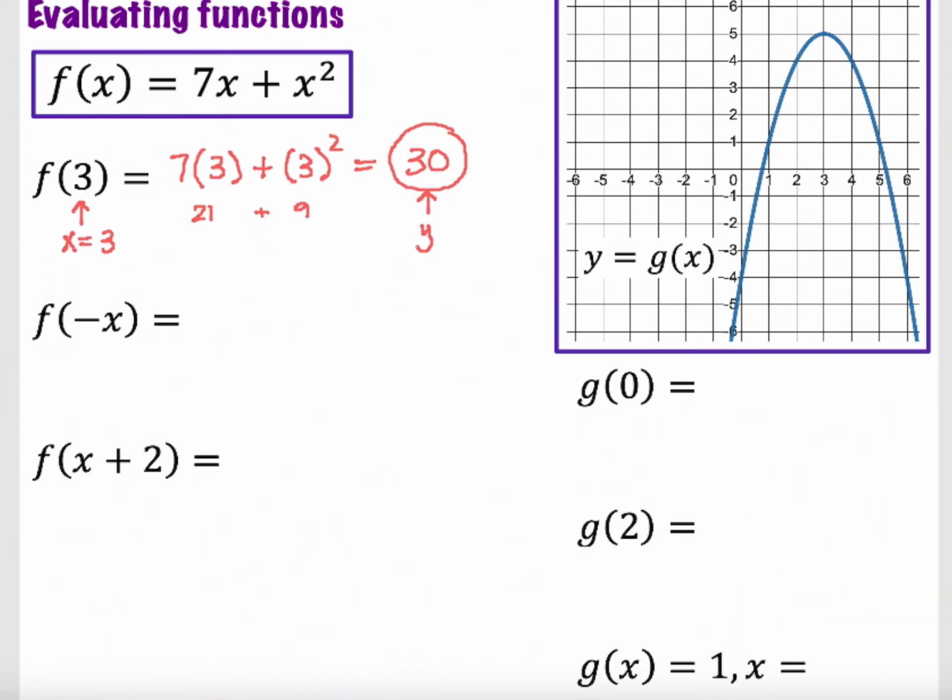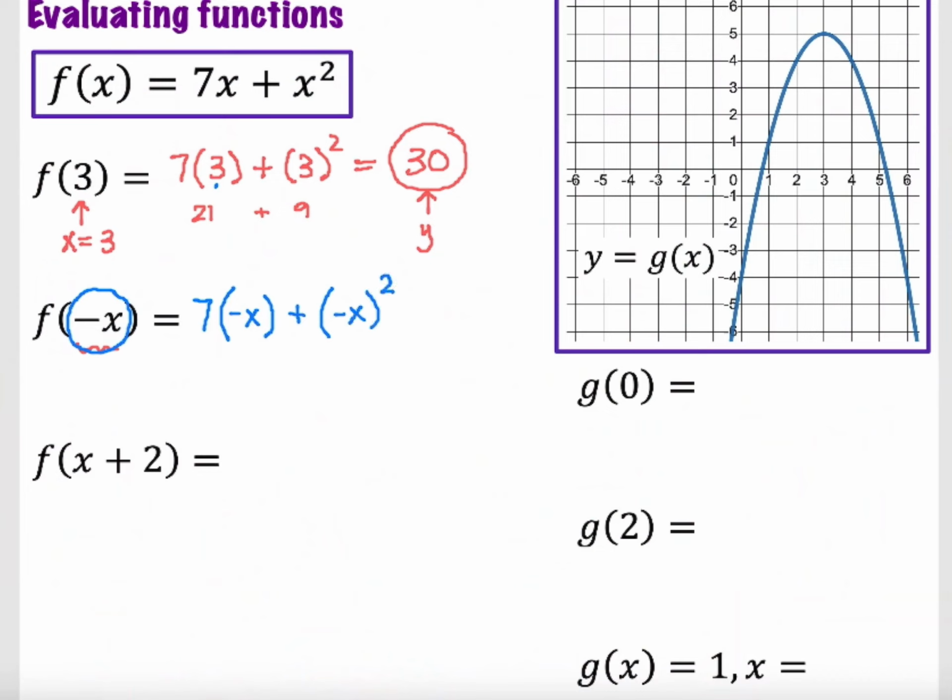We're going to be doing some fancy algebra now, where we have inputs that are, you'll see why this is important later, but what we're going to do is we're going to take this guy, and wherever I used to see x, I'm going to replace those x's with a negative x. Here's how it's going to look. So instead of 7 times 3 or 7 times x, it's going to be 7 times negative x plus negative x squared.